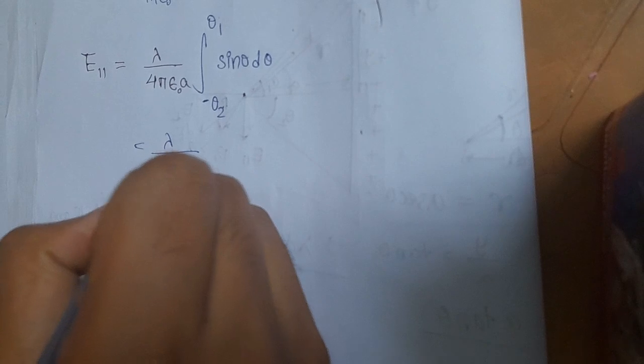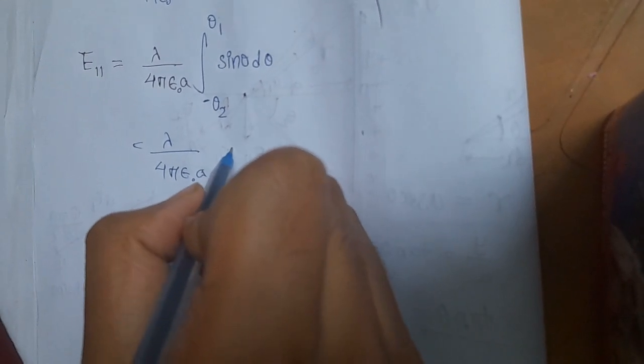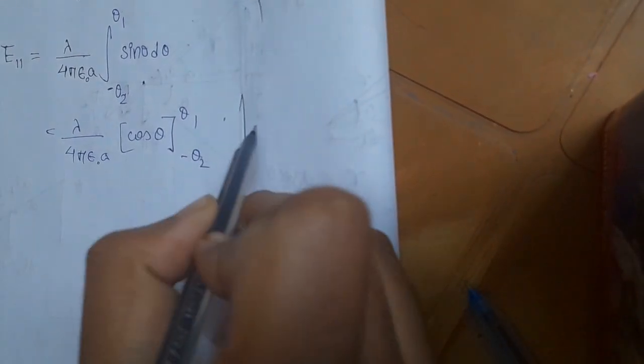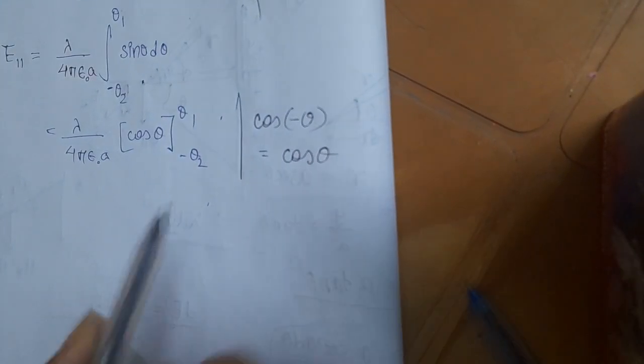Minus theta 2 to theta 1 sin theta d theta. So minus cos theta from minus theta 2 to theta 1. Again, an analogous concept, cos of minus theta is equal to cos theta.